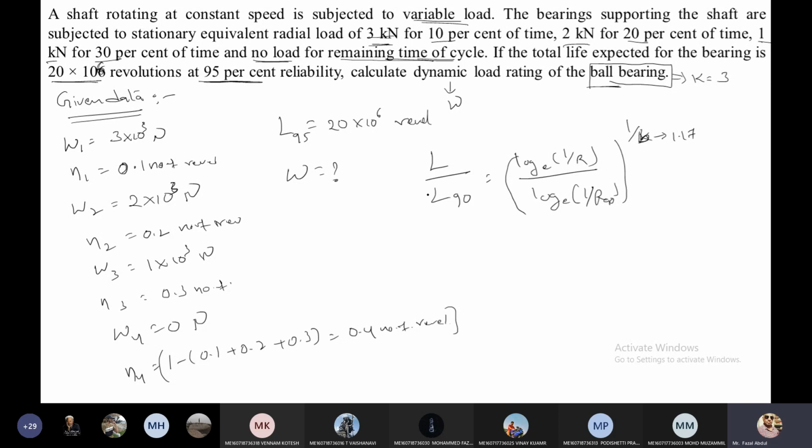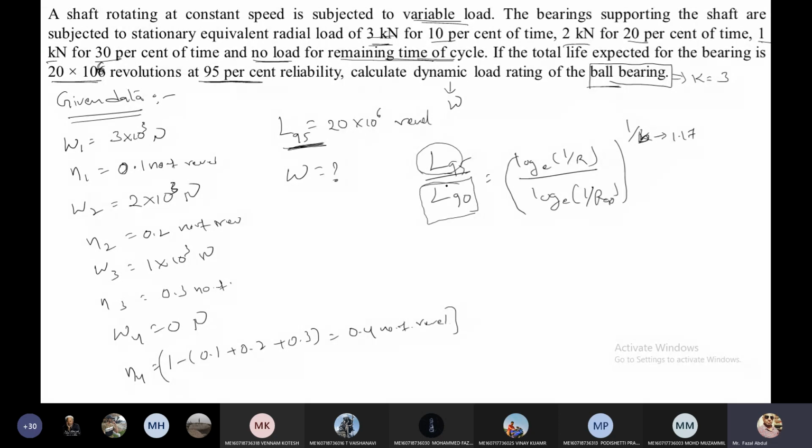Here this is the million revolutions. So the million revolutions mean total complete revolutions, and this is the complete under test. Always the reliability, we have to take the reliability 90% given. So here actually the problem is given for 95%, so I am writing the 95 here.